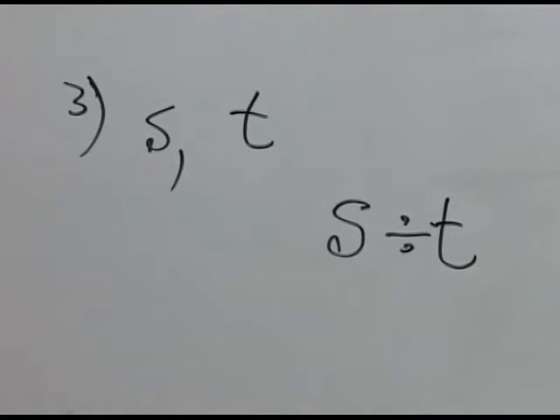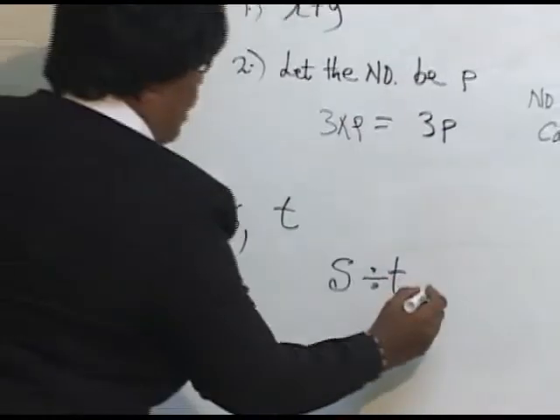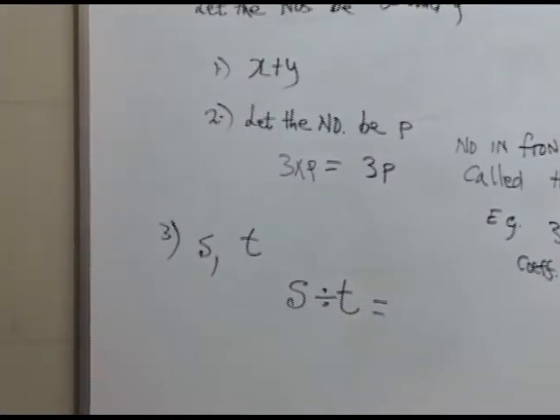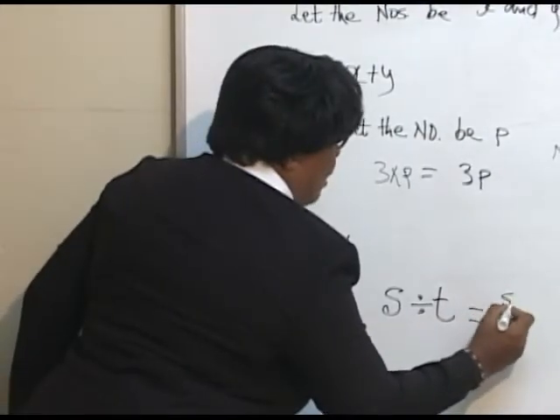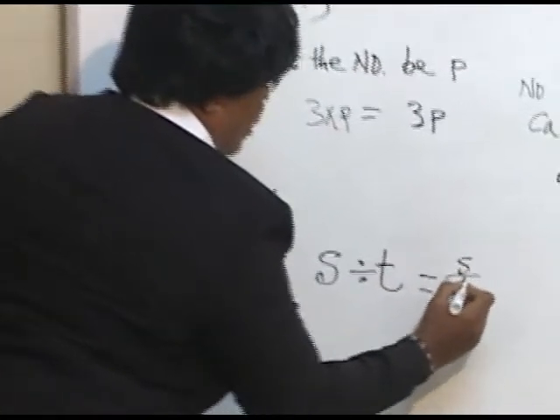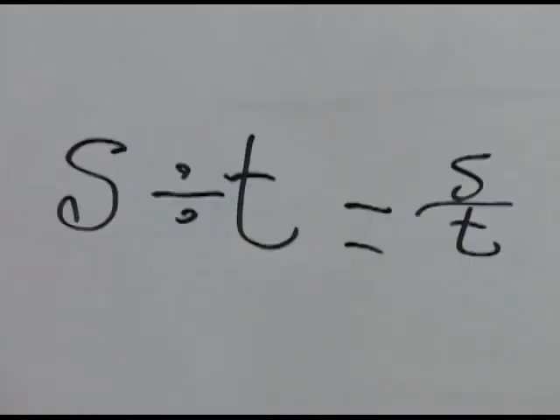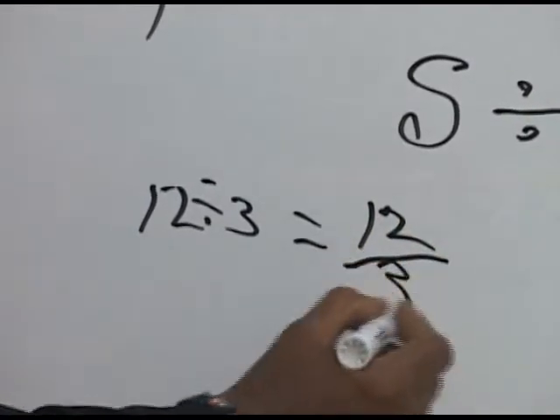All right? And again, as is done in other areas in mathematics, this can be written as S over T. That means divided by. When we were using our numbers, we had 12 divided by 3, and that could have been written as 12 over 3.